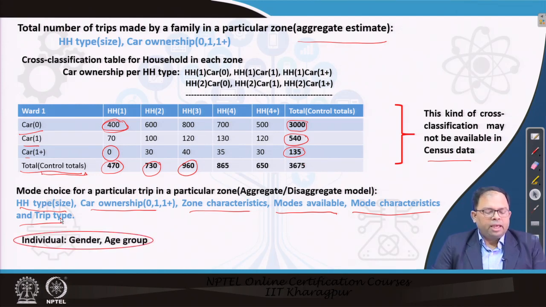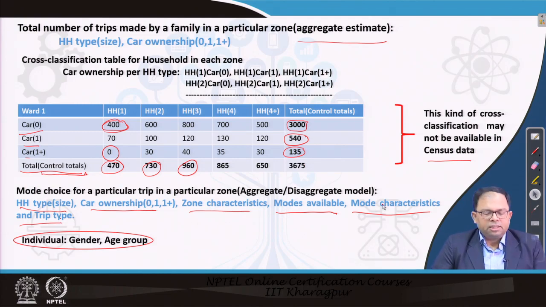Now, if we say individual, then again there are two characteristics, like for example, the gender of the individual and the age group of the individual, which may also play a role in the mode choice. So, that means we need to predict the mode choice for an individual of a certain gender, of a certain age group, belonging to a certain household type, also having a certain number of cars for that particular household, and then zone characteristics, modes available and so on.